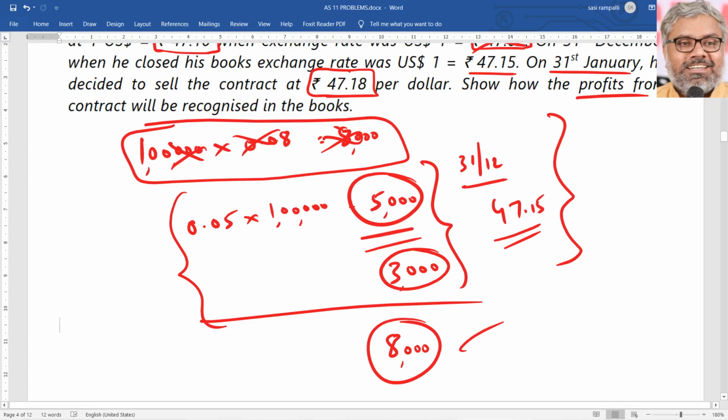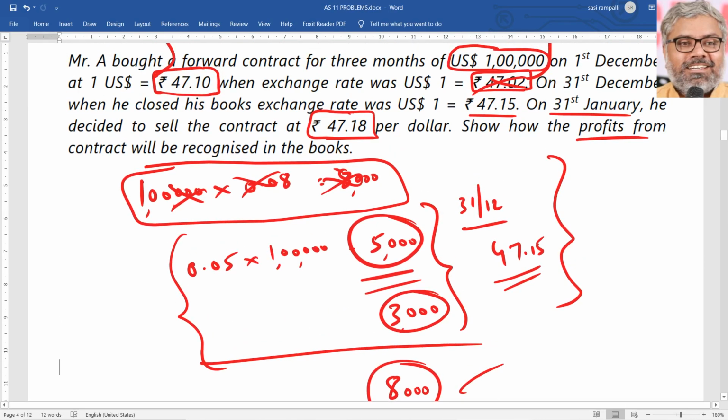But as per the standard, the investments have to be marked to the market on the date of reporting the financials. It is easy to say mark to market. Credit P&L, fine, 5,000, okay. Debit where? There is nothing to debit. So that is the problem on 31st December. Accounting-wise it will be difficult.